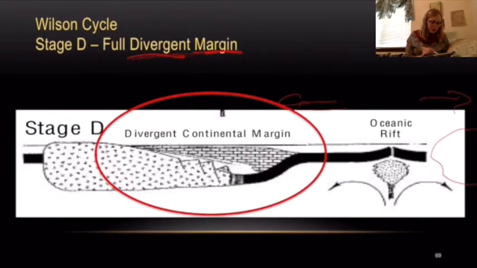Margin means we're on the edge. So this is the edge of the continent. Full means we've completely moved away from the other continent. We don't care what's happening over there. We just care what's happening inside of this circle.